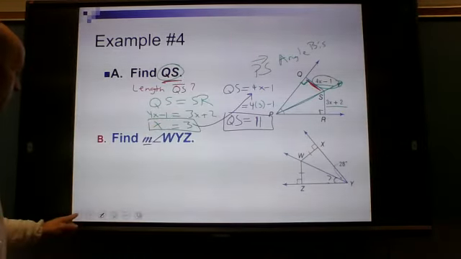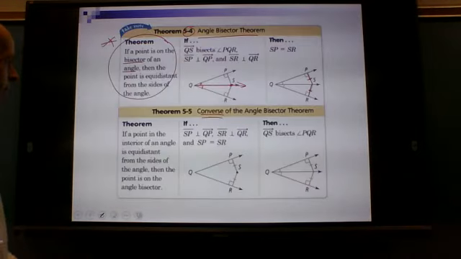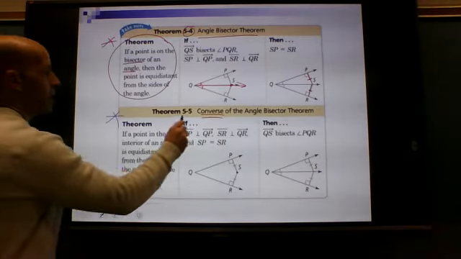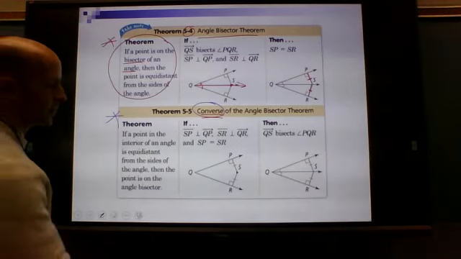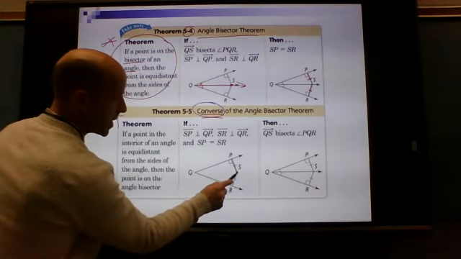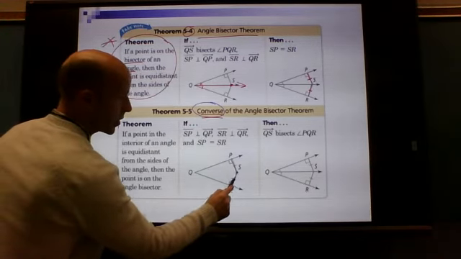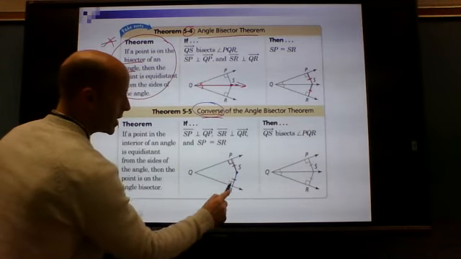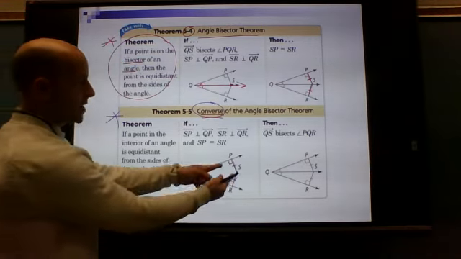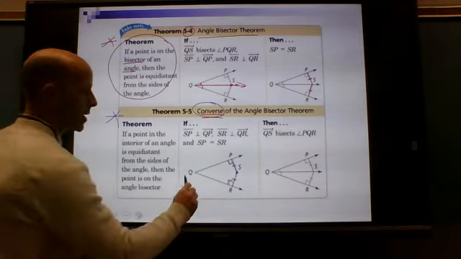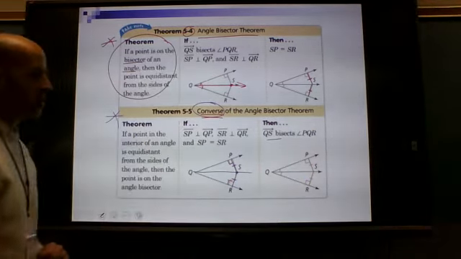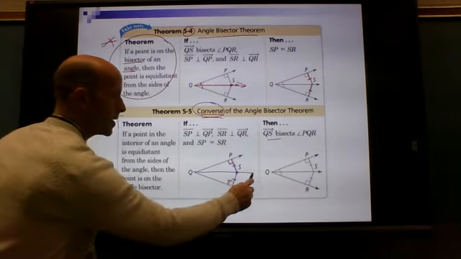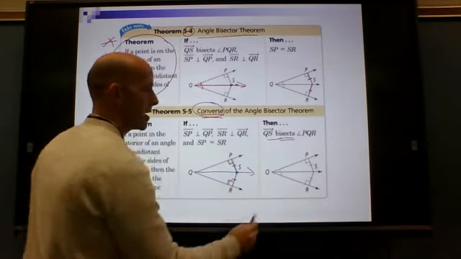Here's what we've got to do. I'm going to go back to this slide. We're actually going to use the converse of the angle bisector theorem. The converse of the angle bisector theorem tells us this: if this segment right here and this segment right here are congruent and perpendicular to the sides of this angle, then guess what? This ray here, QS, has to bisect the angle.